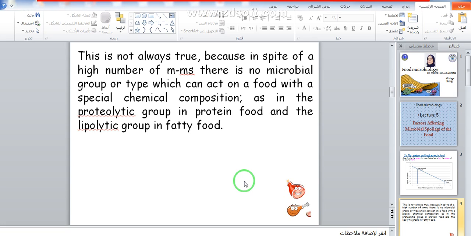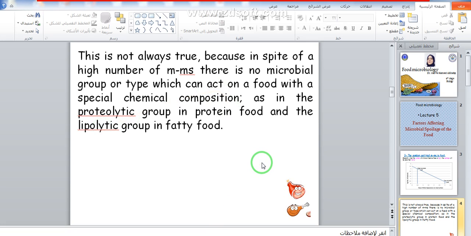So, in protein food, the spoiling microorganism must be of the group of proteolytic microorganisms that can consume protein food. And in fatty food, these microorganisms must be lipolytic microorganisms to have the ability to spoil fatty food.